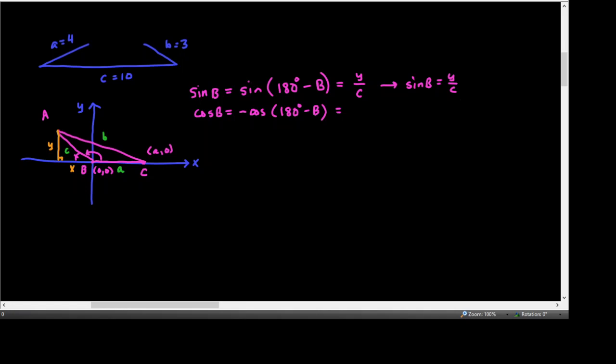Okay, and so that's going to equal x, which is negative, over c, adjacent over hypotenuse. And consequently, we can conclude by transitivity that the cosine of B is x over c.